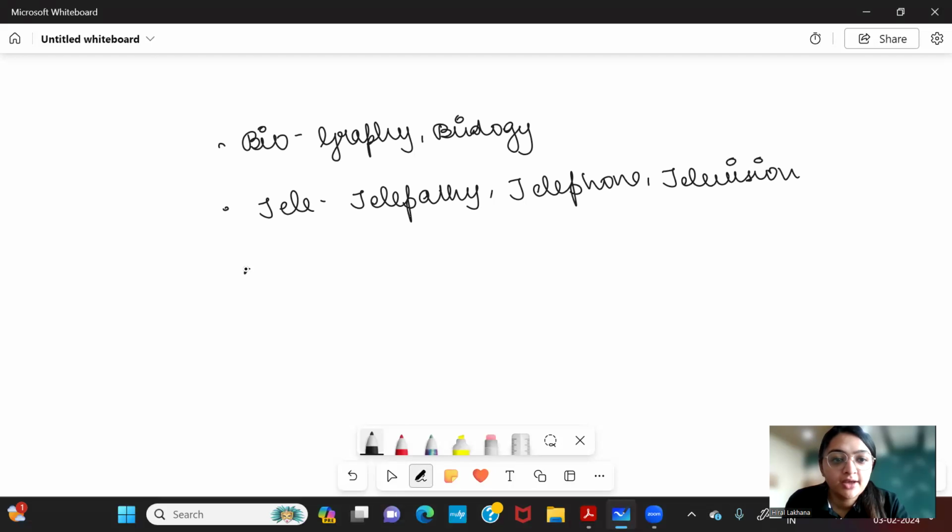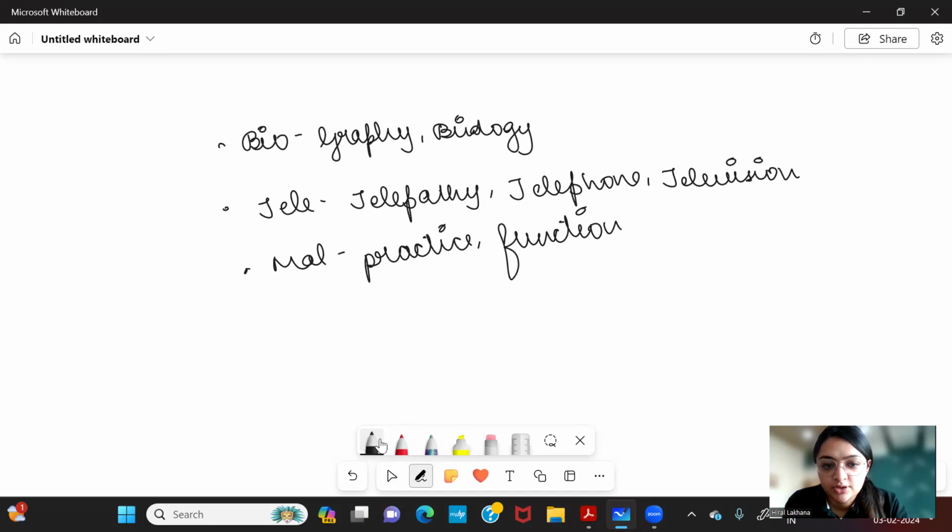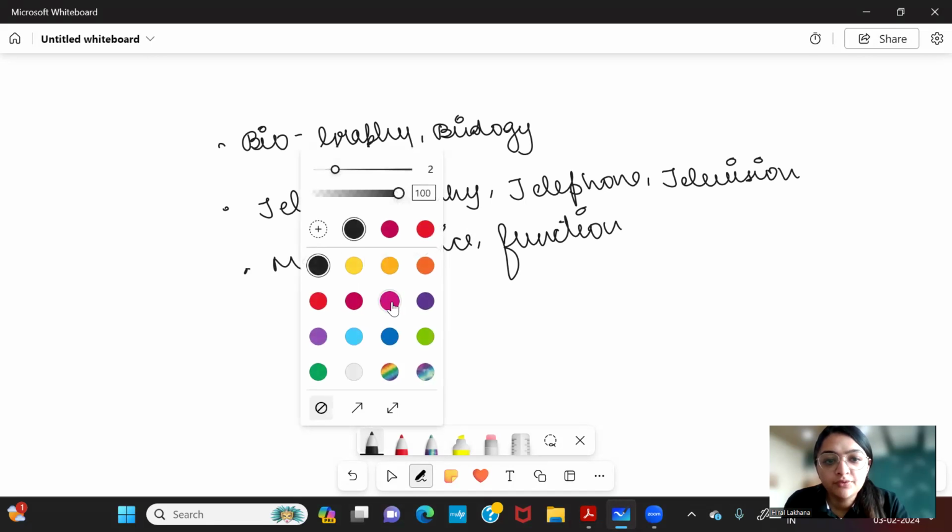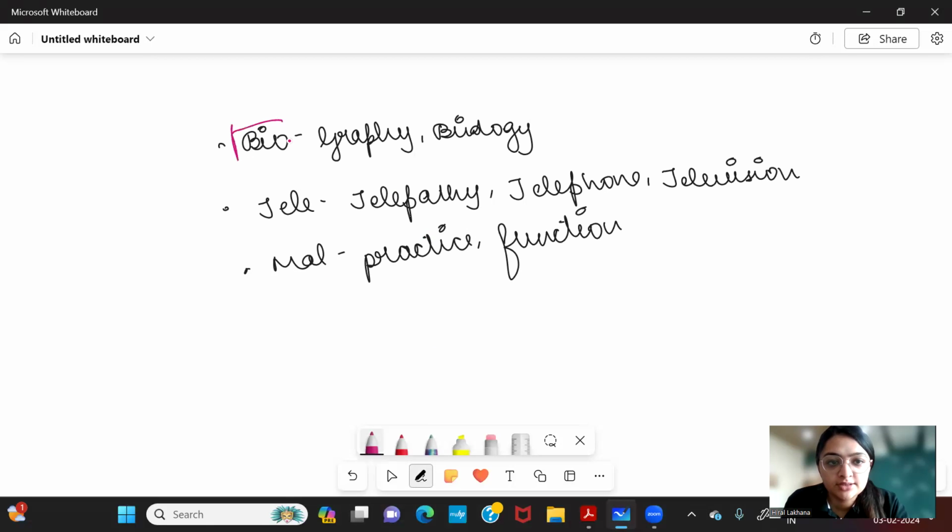And then we can have mal. Under mal, we can have malpractice, malfunction, and so on and so forth. This way, all of these words that we can see here, that is bio, tele, mal, and in our previous examples, auto and arc, all of these become combination words wherein they're added to a word and it forms a completely new word.